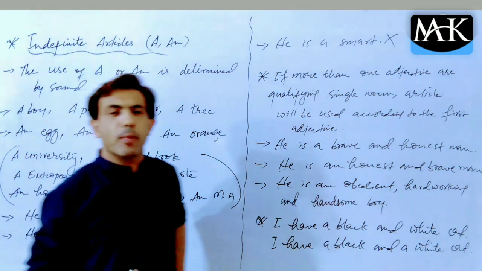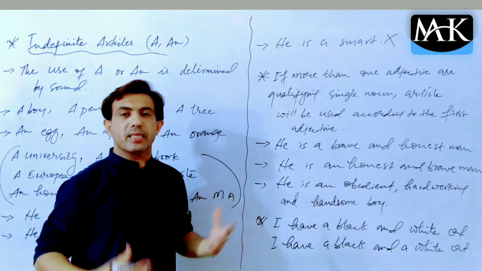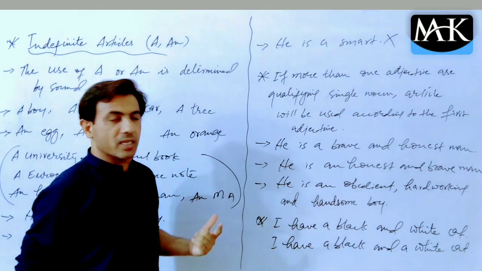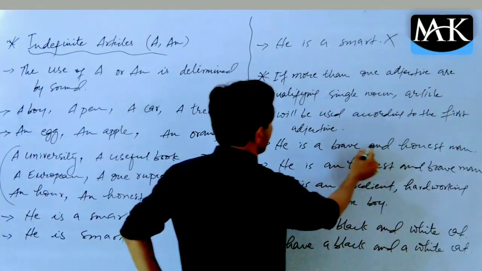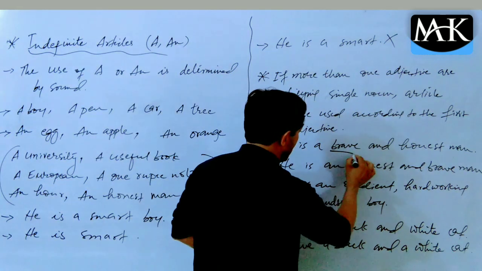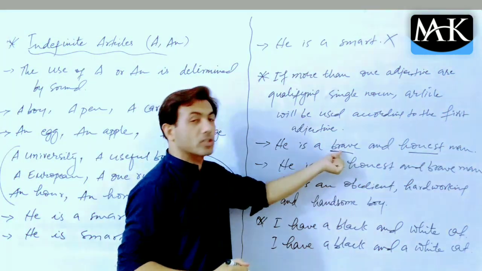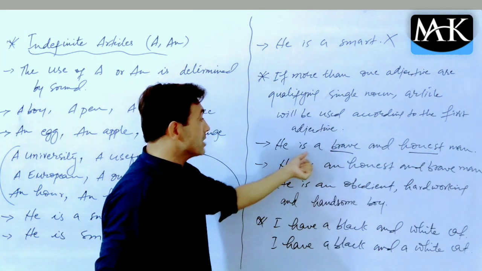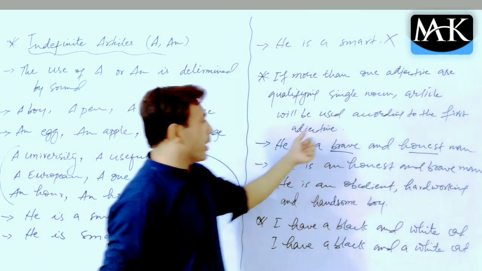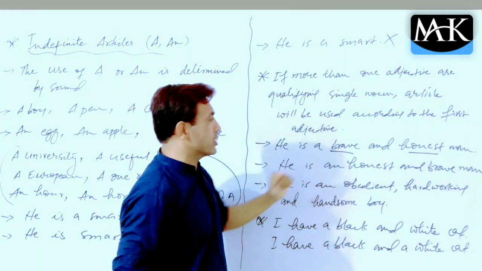Listen, if we have more than one adjective in a single sentence, then the indefinite article has to be used according to the first adjective. How? He is a brave and honest man. There are two adjectives now, brave as well as honest. But we have used only a because there is a consonant sound. He is a brave and honest man. No need to use an with honest.